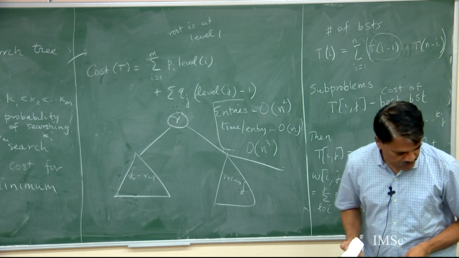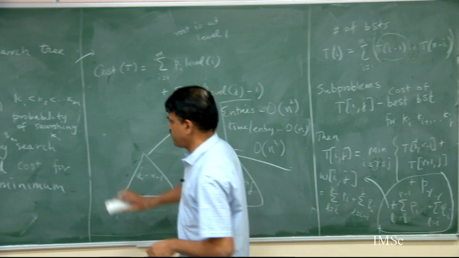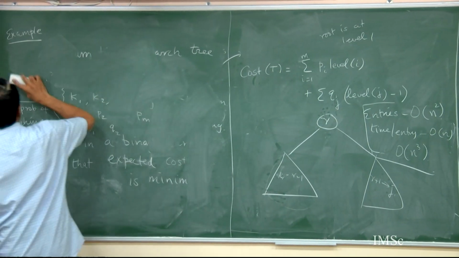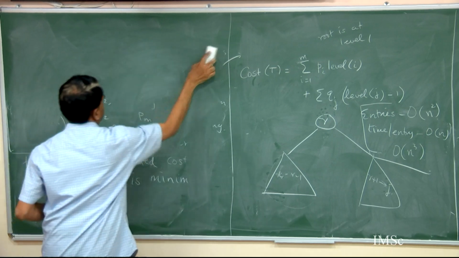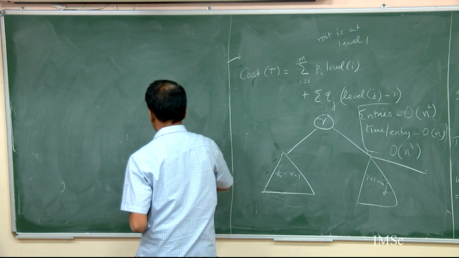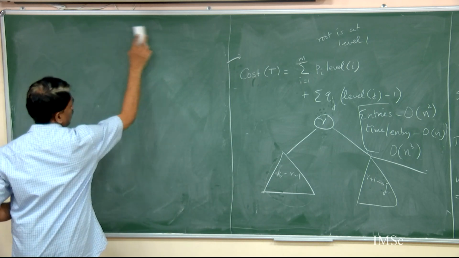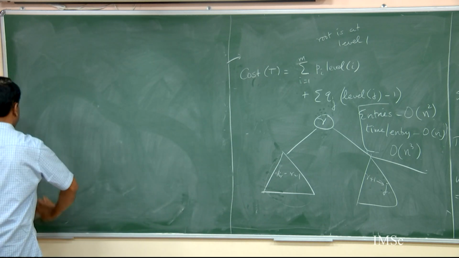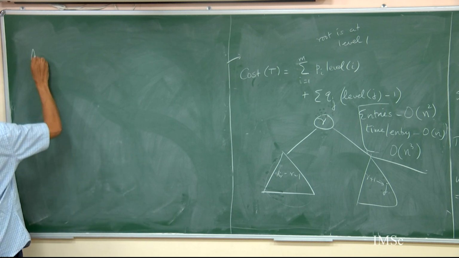Okay, so I will wrap up by talking about all pair shortest paths, right? I'm sure again you've seen this, but I don't want to miss it. Very interesting dynamic programming again.